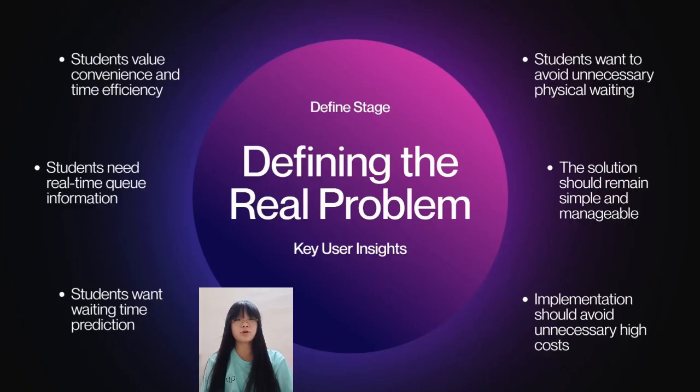If the system requires too much technology, expensive equipment, or complicated procedures, it may become difficult for cafeterias to implement. Therefore, we decided that our solution should be simple, practical, manageable, and digitally supported.